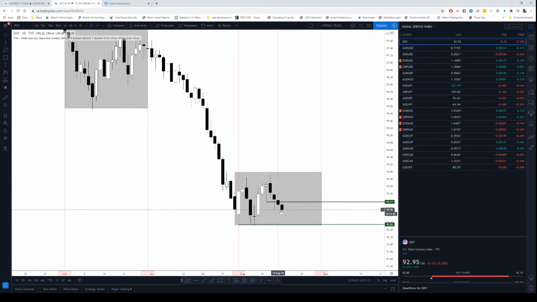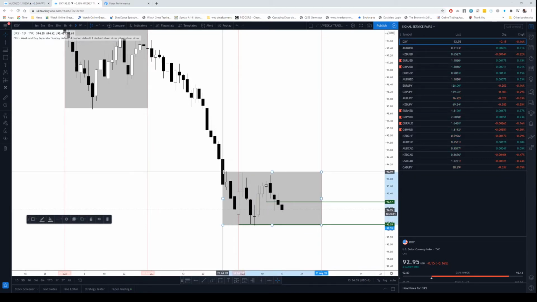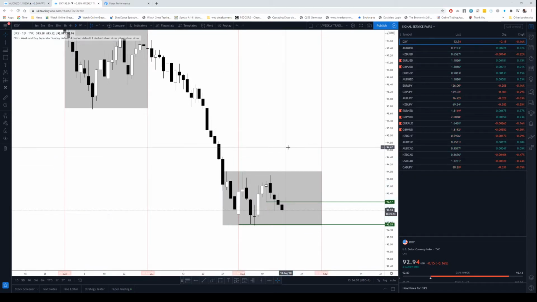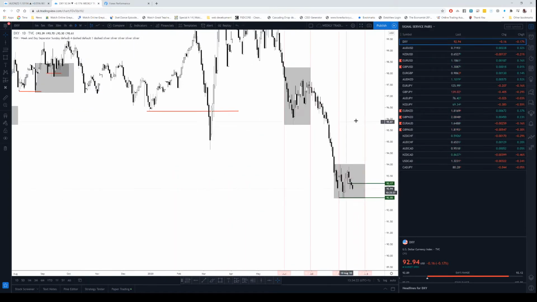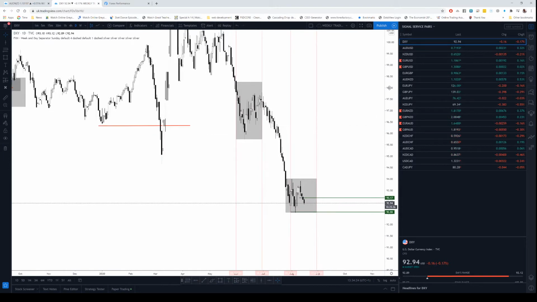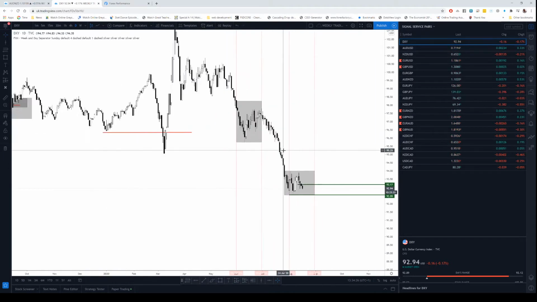In terms of price direction, right now it's a bit tricky. It can go up and it can go down. If I'm giving a high time frame perspective, if I zoom out, where should price go?